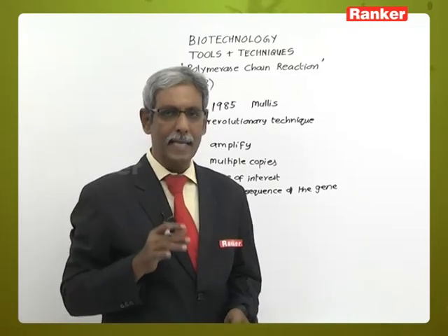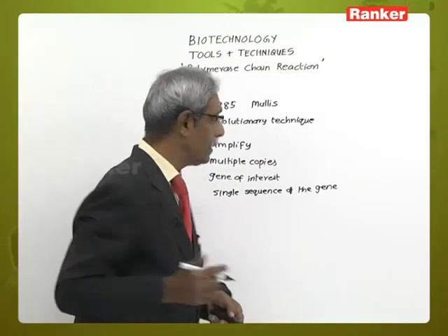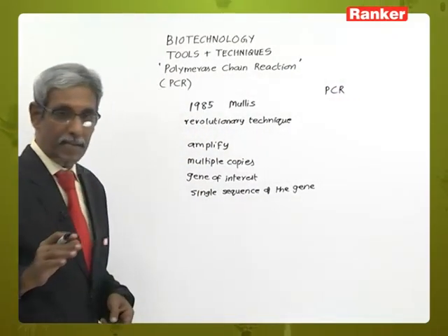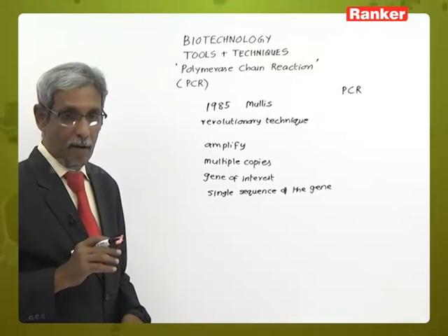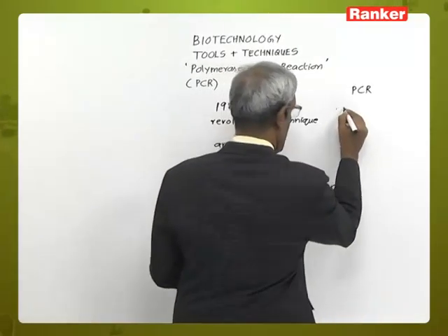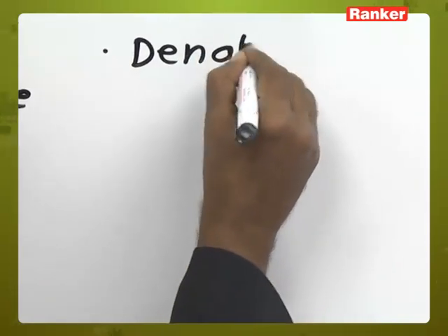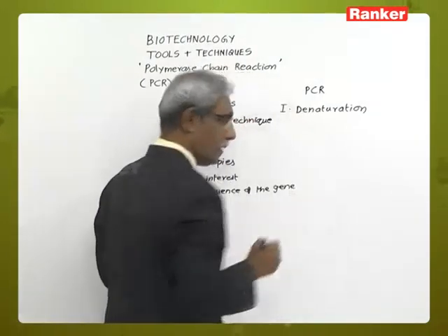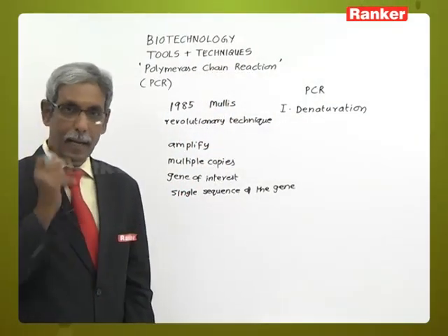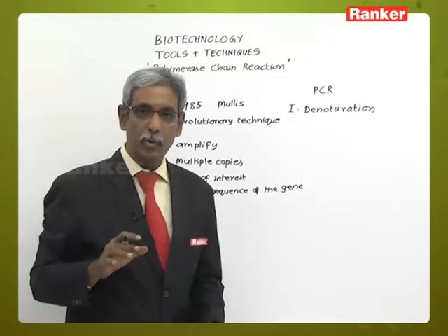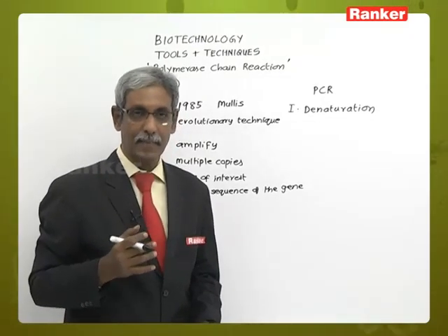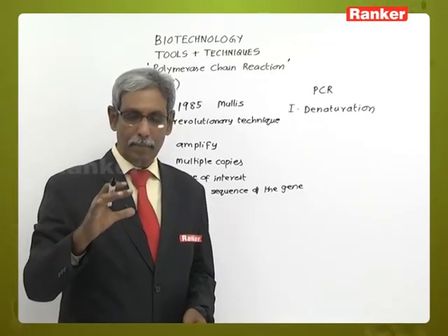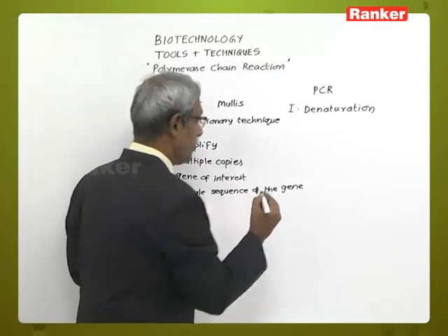Now the principle of the PCR is based on 3 steps. We have the first step which is termed as denaturation. Now denaturation of the DNA primarily means that we need to separate the 2 DNA strands. After we separate the 2 DNA strands, we would again be annealing or joining the 2 DNA strands.